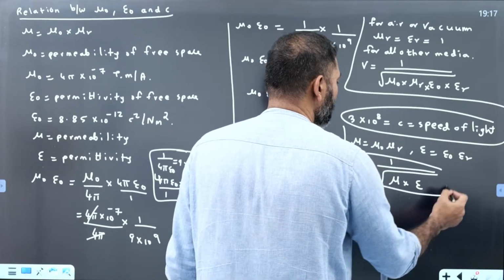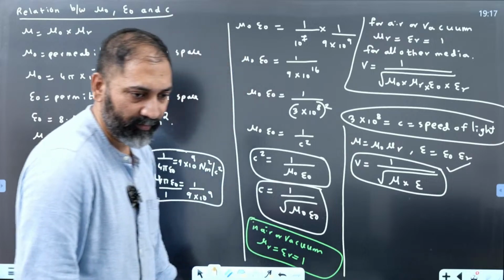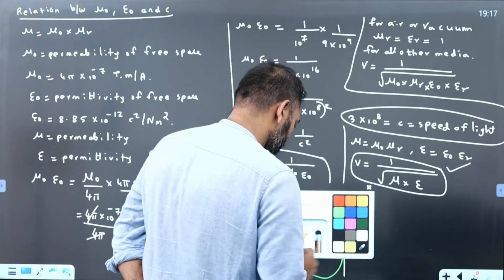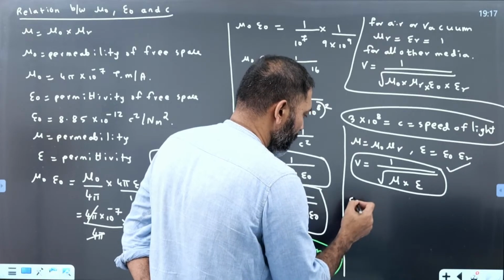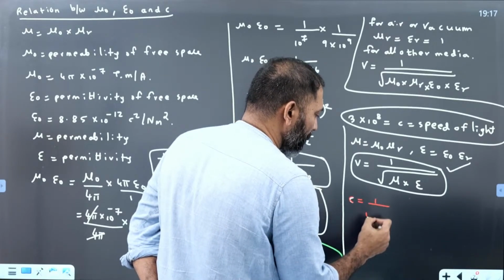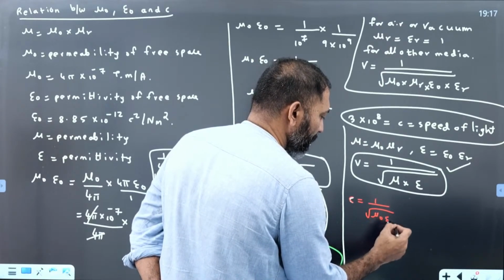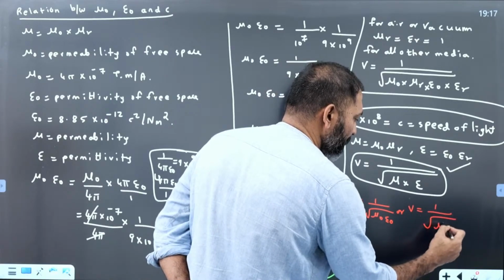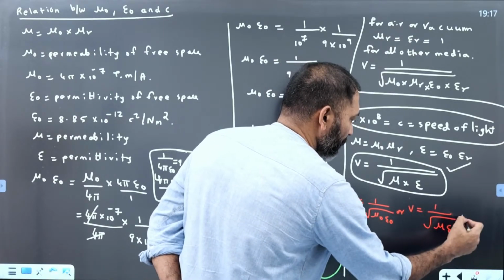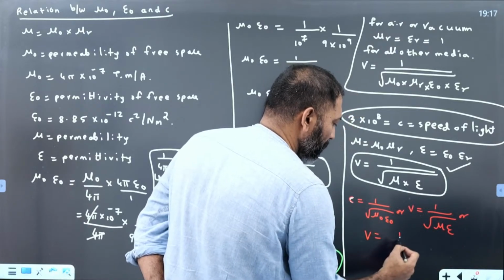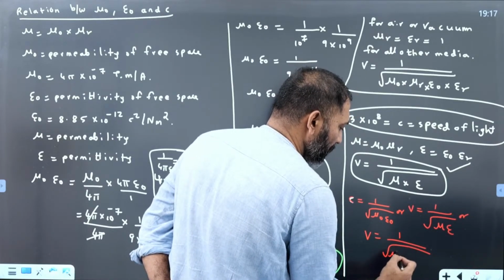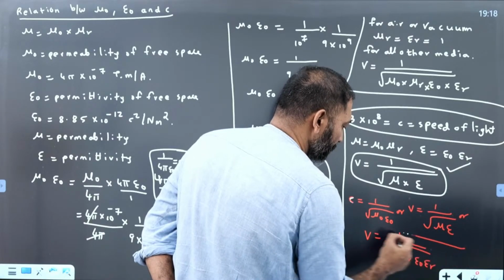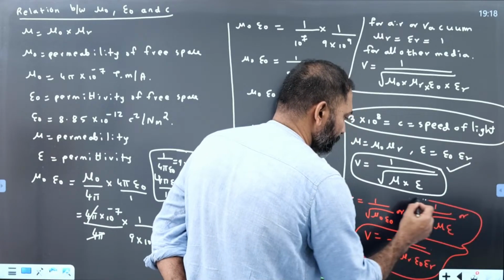So all these equations are important. Once again I am writing the important equations. C is equal to 1 by root mu 0 epsilon 0 or V is equal to 1 by root mu epsilon or V is equal to 1 by root mu 0 mu r into epsilon 0 epsilon r. These are the important equations here.